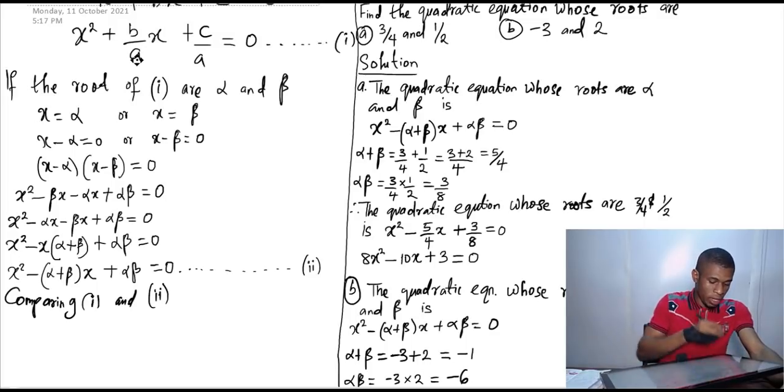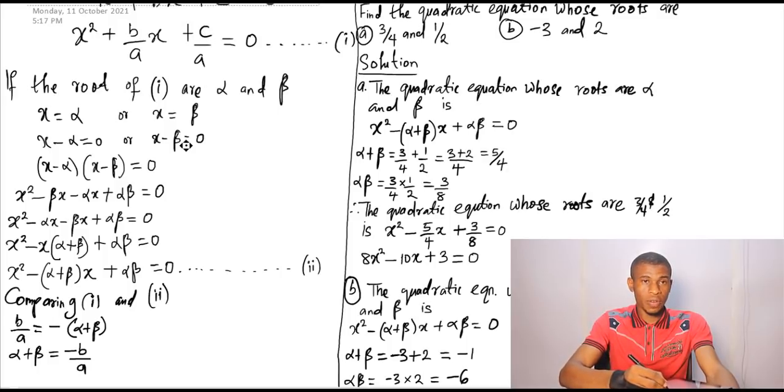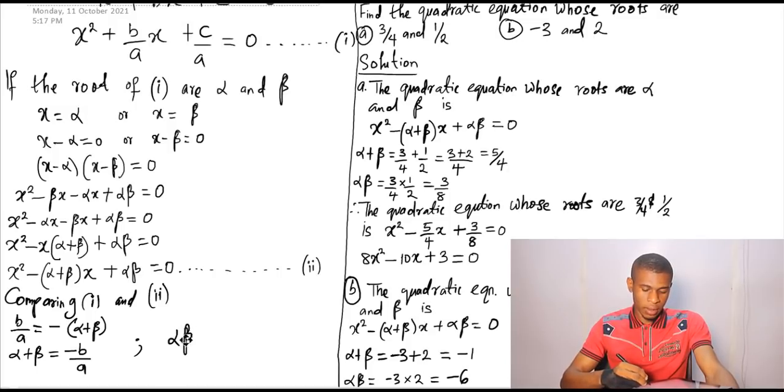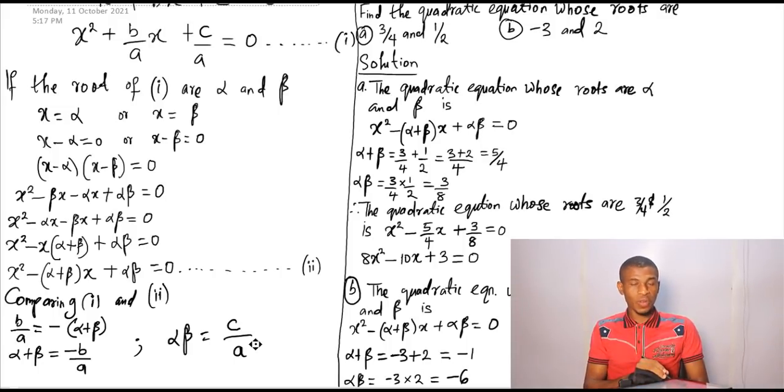B over A here is equal to minus alpha plus beta. If we divide through by minus 1, alpha plus beta is equal to minus b over a. If we compare c over a, alpha beta is equal to c over a. So the sum of roots of a quadratic equation is minus b over a, whereas the product of roots of any given quadratic equation is equal to c over a.